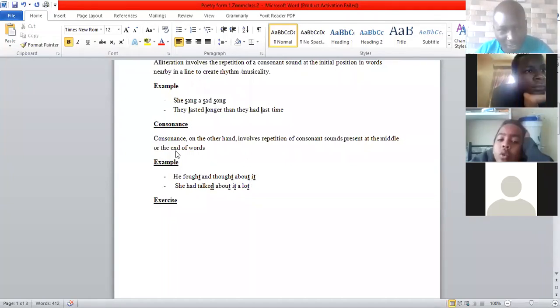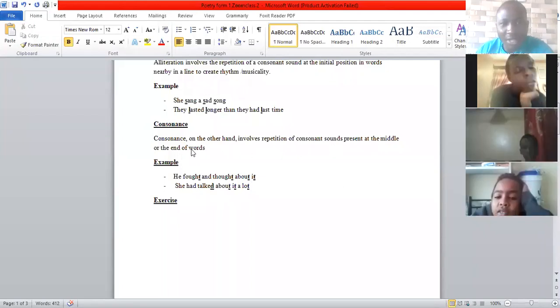Maybe just to emphasize that consonants involve repetition of consonant sounds present in the middle or at the end of words that are close together in a line of a poem.